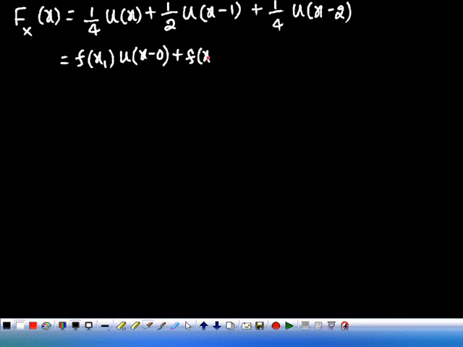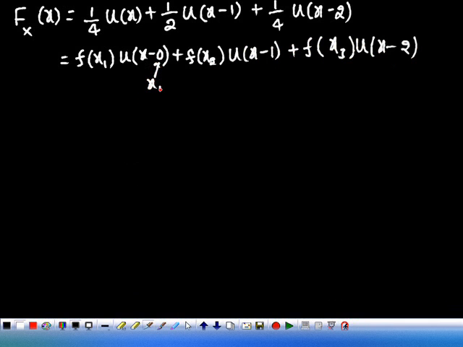Therefore, this is f of x2 u of x minus 1, plus 1 by 4 is f of x3, so u of x minus 2. See, what is this value? 0 is x1. This value is x2. This value is x3. See the previous slide, we defined x1 equivalent to 0, x2 equivalent to 1, x3 equivalent to 2. So therefore, can I write this as sigma i equivalent to 1 to 3 f of xi u of x minus xi?